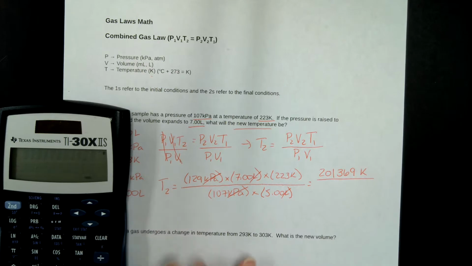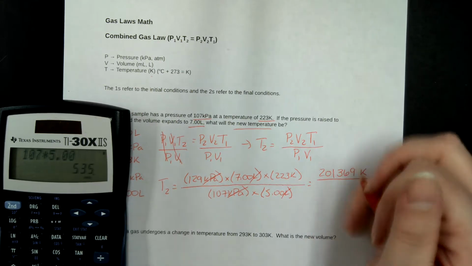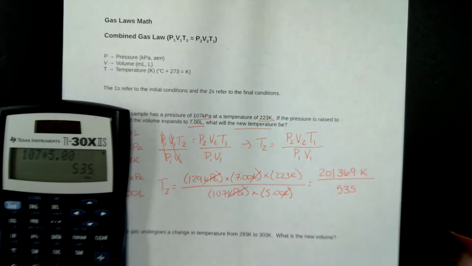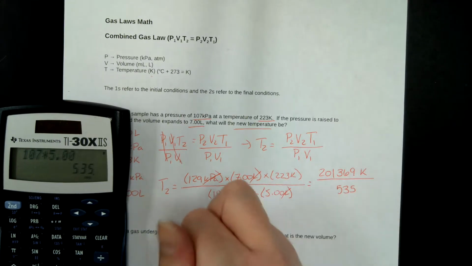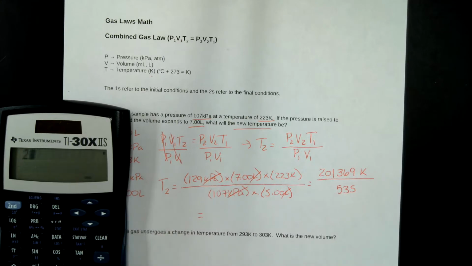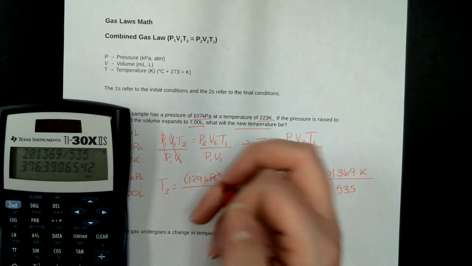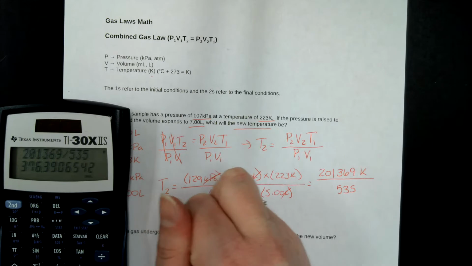Then I'm going to multiply my bottom row together, 107 times 5.00, 535. So now I'm going to divide. 376.39, lots of decimal places.